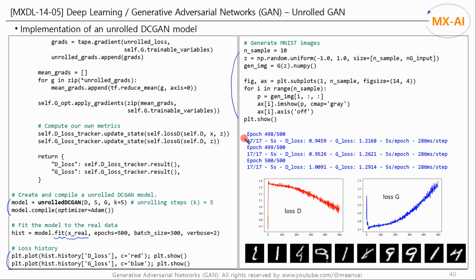The changes in loss D and loss G during training are as follows. The loss history of the discriminator is like this, and the loss history of the generator is like this. The images generated by the generator are as follows. Images of various digits were generated.